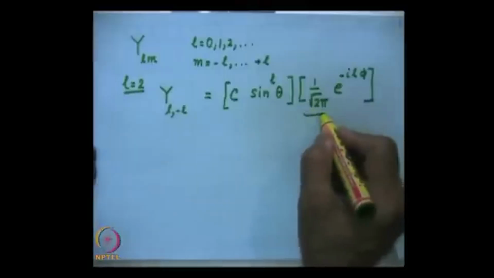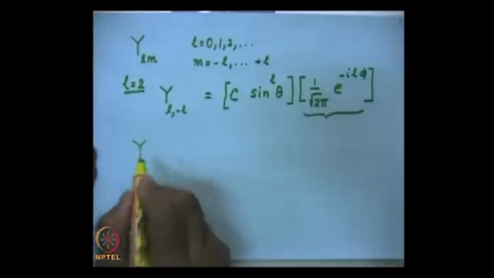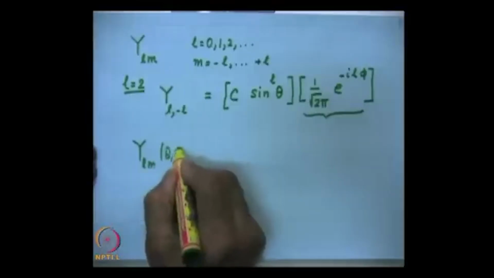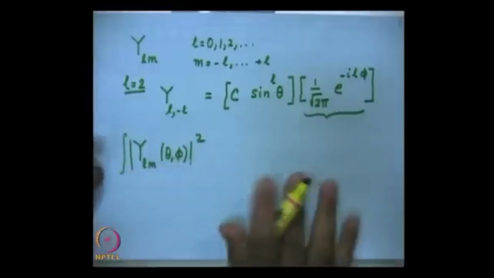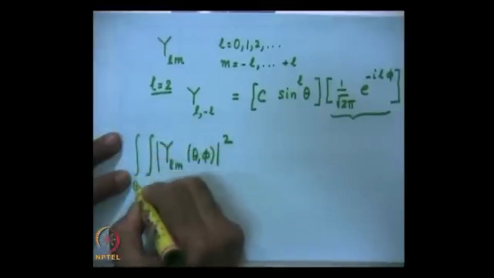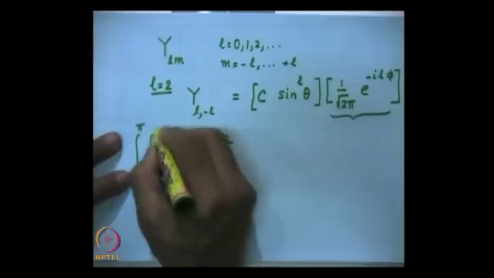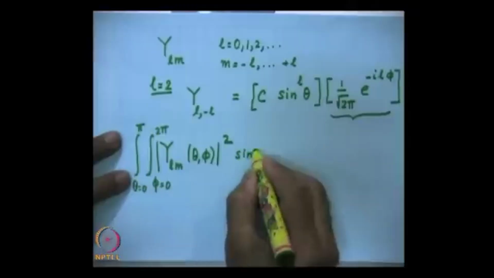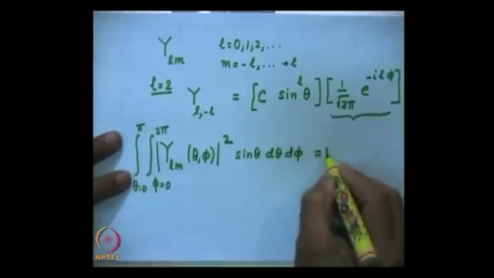This part is normalized because the spherical harmonics are normal. The normalization condition is that |Y_L^m(theta, phi)| squared, integrated over theta from 0 to pi and phi from 0 to 2 pi, multiplied by sin theta d theta d phi, must be equal to 1.